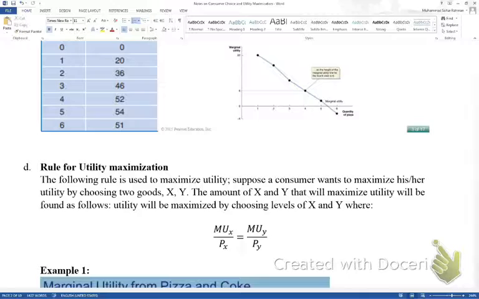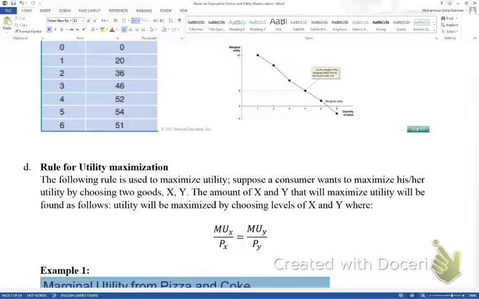So given your income constraint or income limitation, the consumption bundle that gives you the maximum utility is the bundle that maximizes your utility.